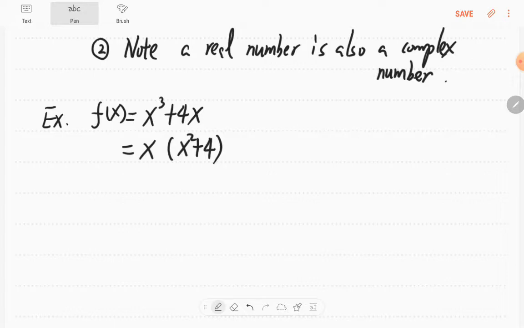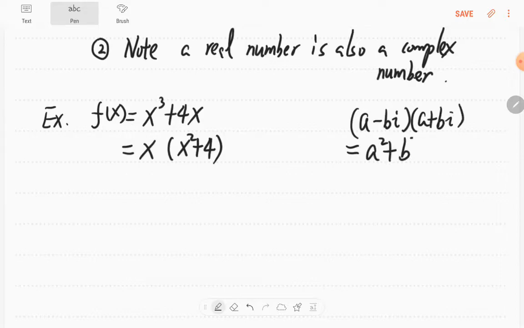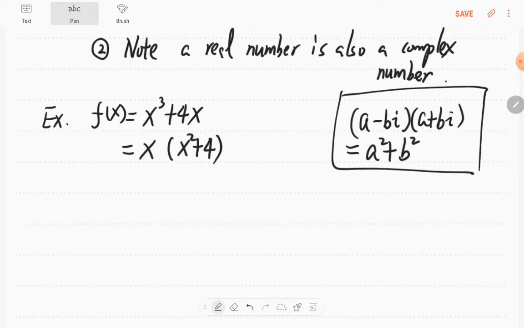Here we want to use the result we learned when we studied complex numbers: a minus bi times a plus bi equals a squared plus b squared. Since 4 is 2 squared, it becomes x minus 2i times x plus 2i. So we can always factorize into linear terms.